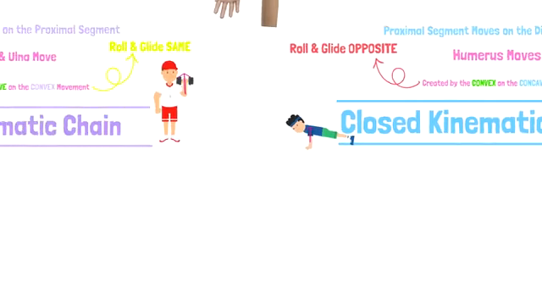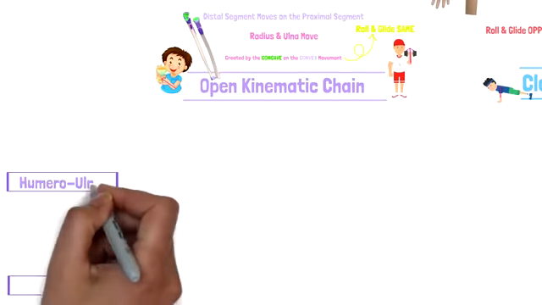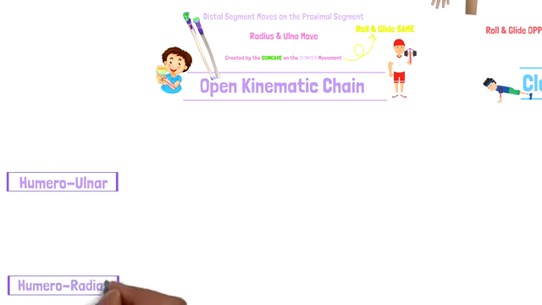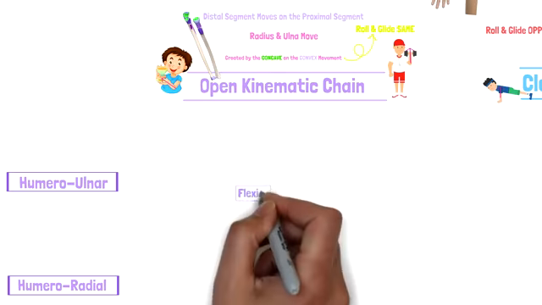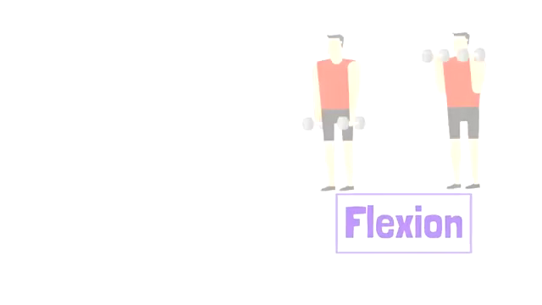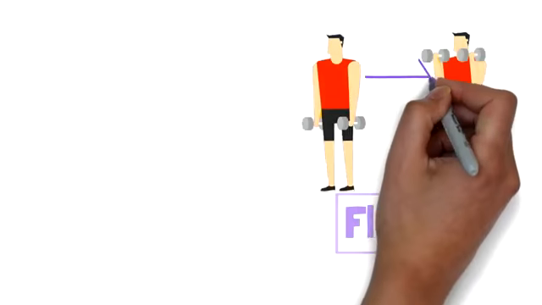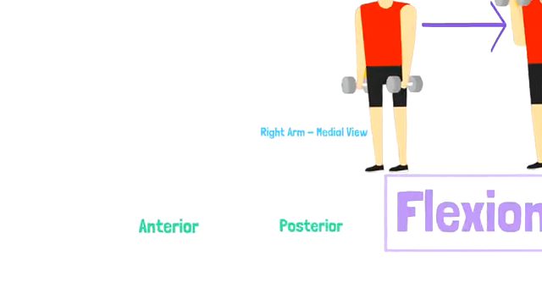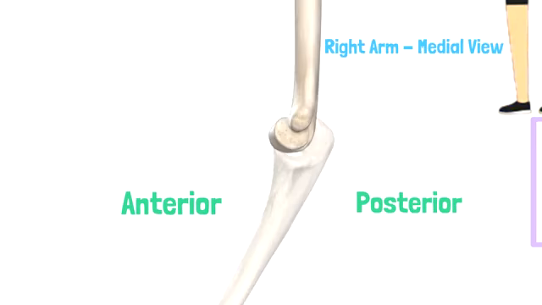Let's start with the open kinematic chain movement and examine the humeral-ulnar arthrokinematics. Flexion is the first osteokinematic movement we will look at. Since we observe a concave trochlear notch move around the convex trochlea, the roll and the glide will occur in the same direction.